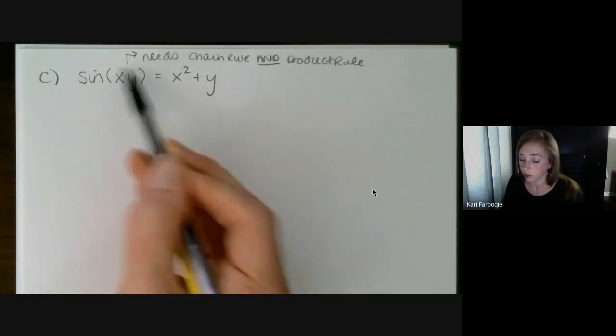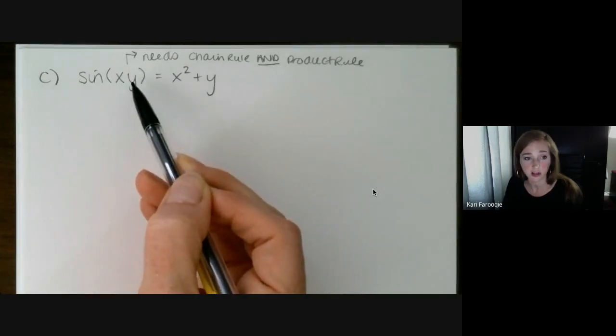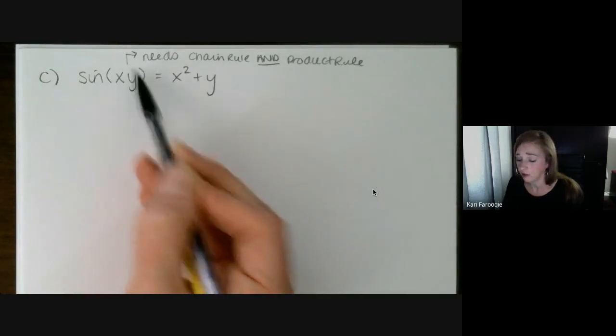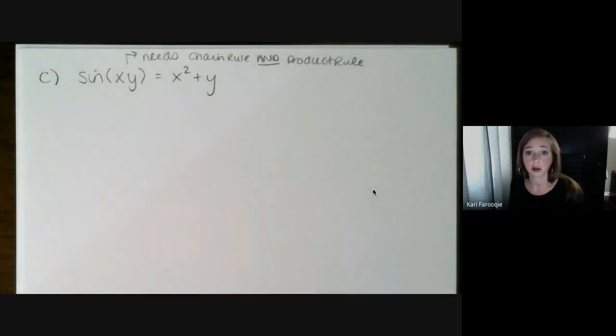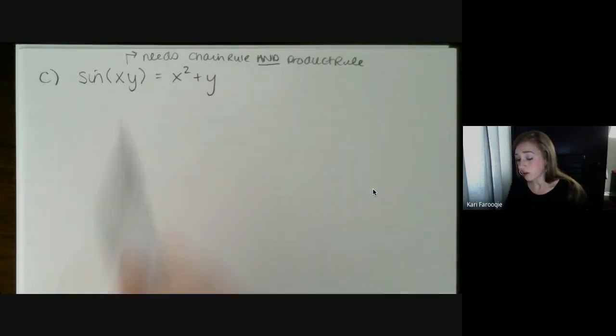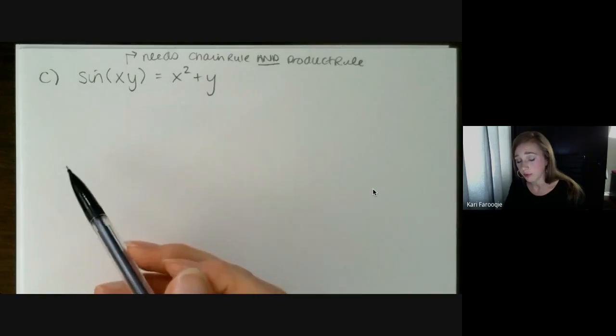And if you're multiplying two functions together, it's not just 2x. It's not like it's a constant multiple. It's these two variable functions that tells you that you need the product rule. So we're going to take the chain rule, and then when we take the derivative of the inside function, we're going to be using the product rule.